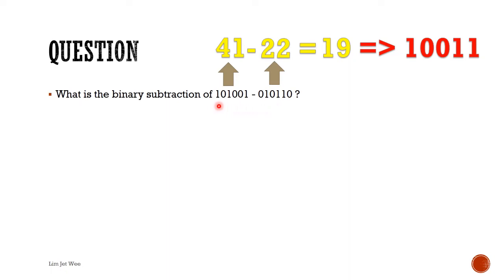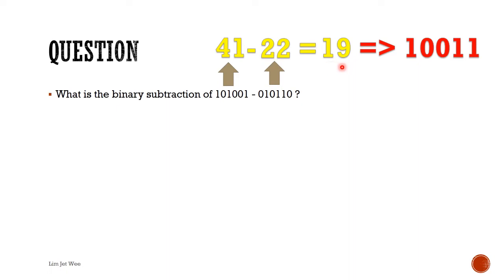I'll leave you to calculate it using the table format or whichever format you like, and you will get the answer. This is actually 41, and this set of binary is actually 22. So 41 subtract 22, I will actually get 19.